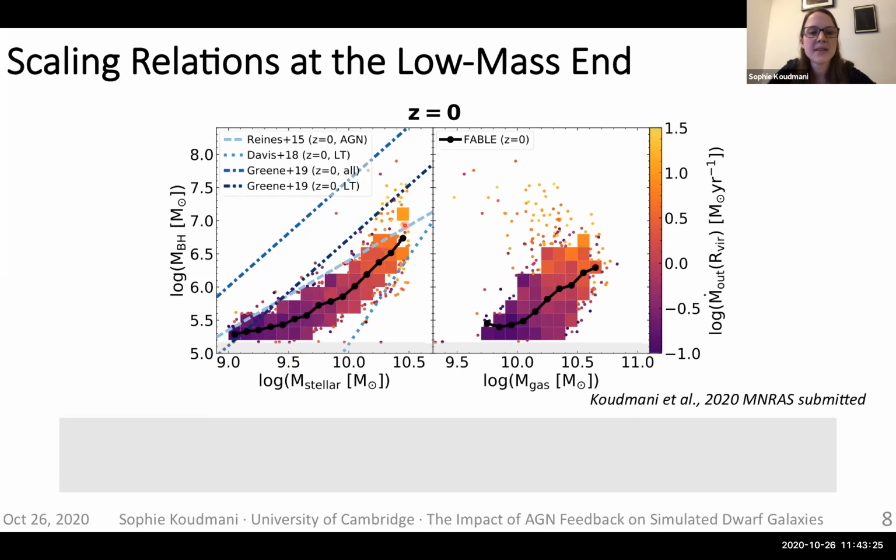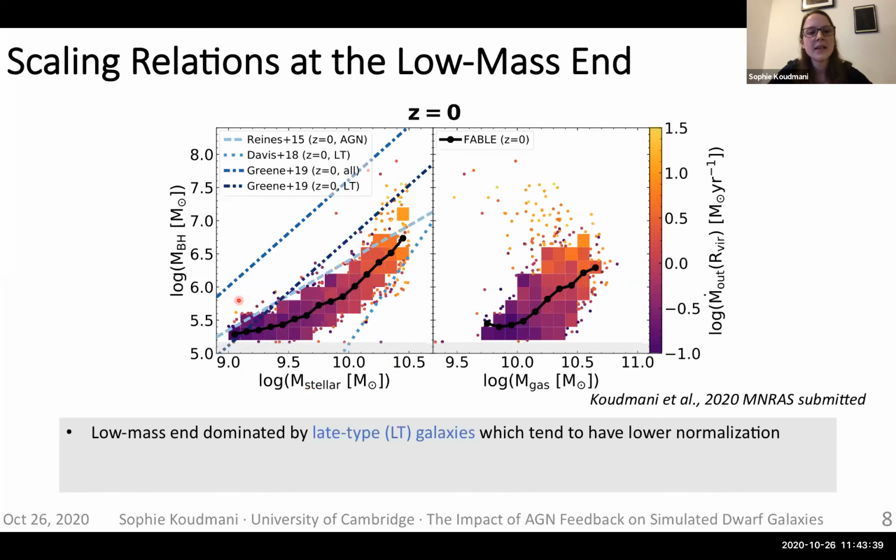So then we can see the mean behavior of the population, but we can also see the behavior of outliers. For comparison, for the black hole mass versus stellar mass relations, we also plot some of the observed scaling relations. As you can see, this is still quite unconstrained at the low mass end, but mostly people extrapolate to the low mass end using late type scaling relations because the low mass end is dominated by late type galaxies.